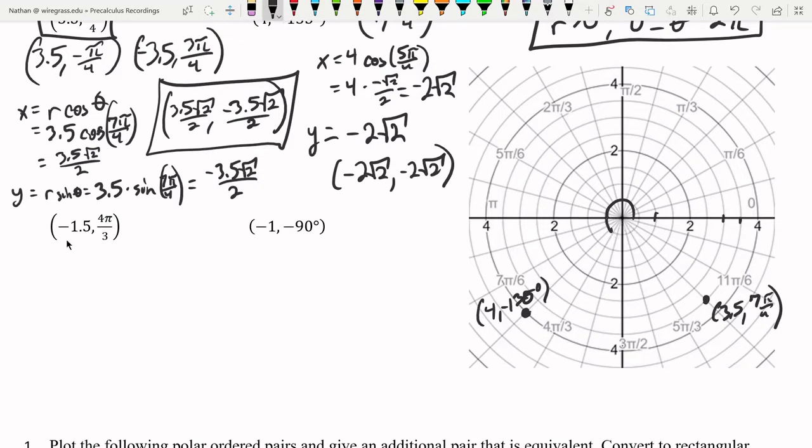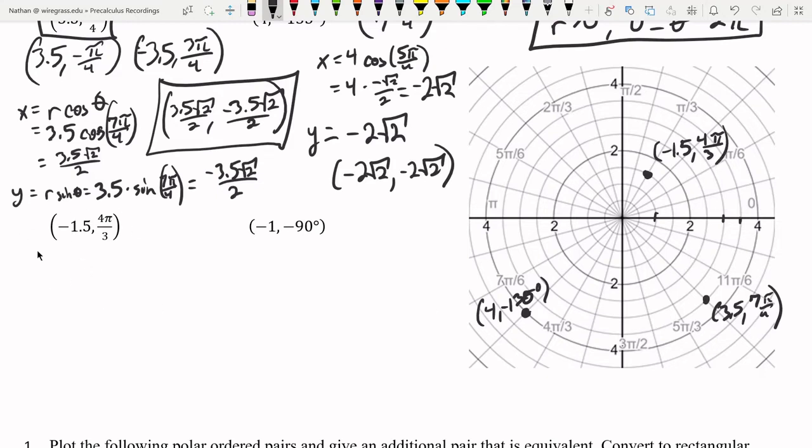And because it's negative 1.5, instead of going this way, we're going to go the opposite way. Negative 1.5 is going to be right here. So that is negative 1.5, 4 pi over 3.